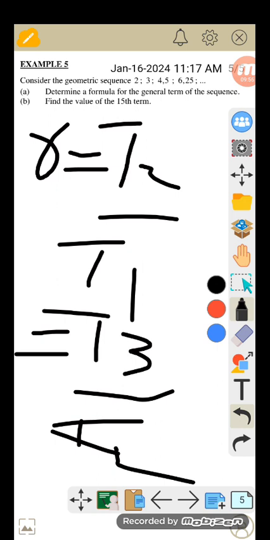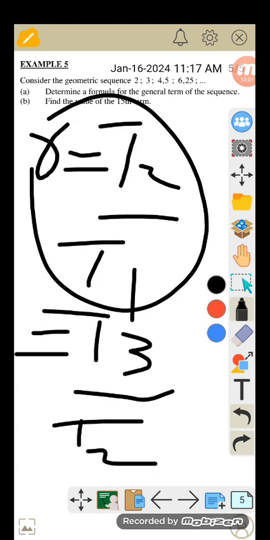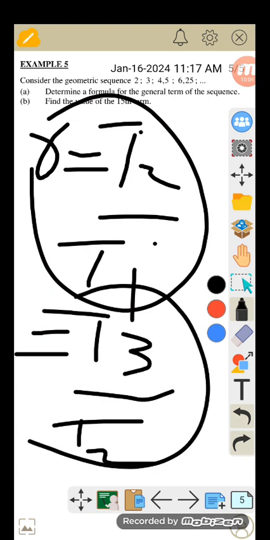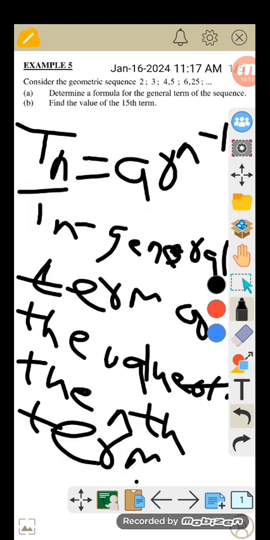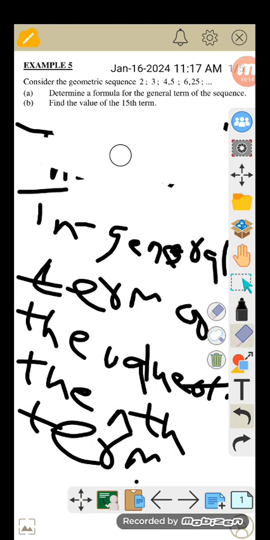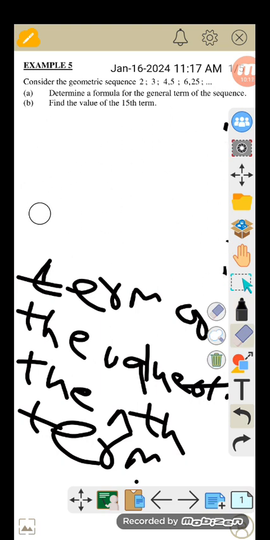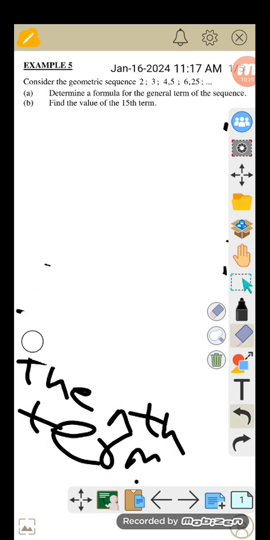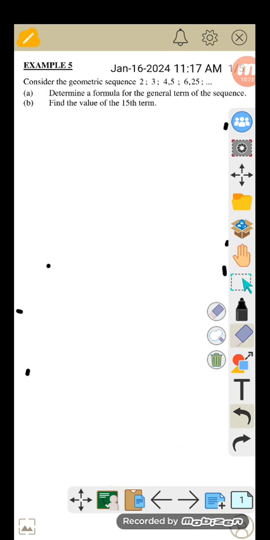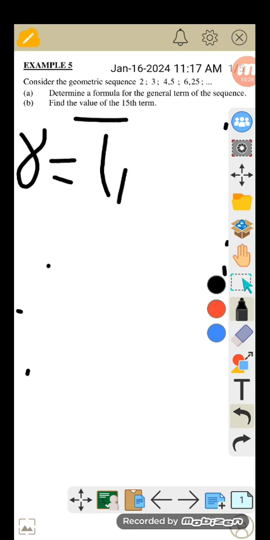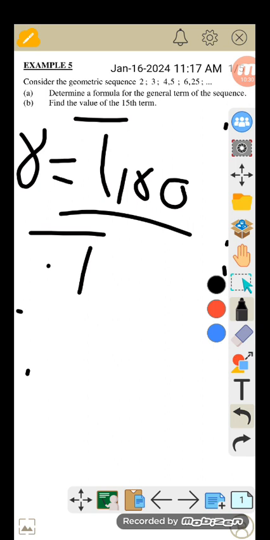R is always equal to T2 over T1, or T3 over T2, or something like this. Our r, which is our common ratio or constant ratio, is always equal to T100 over T99.